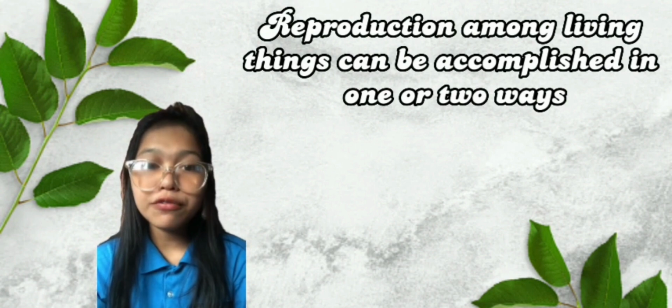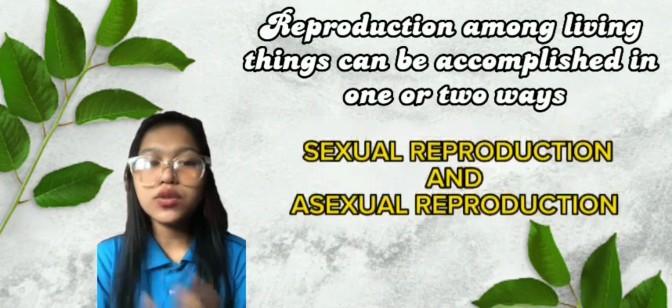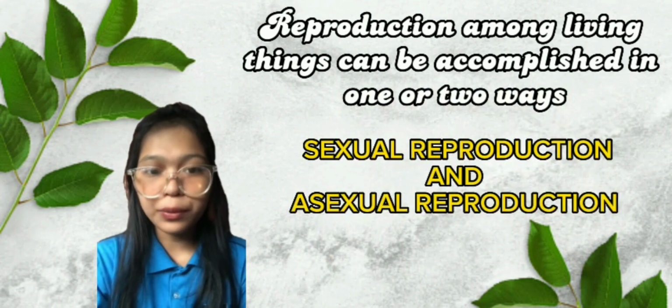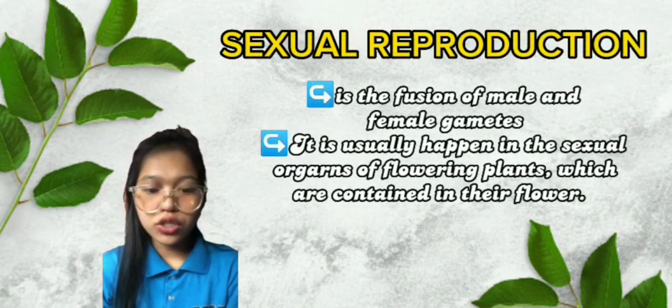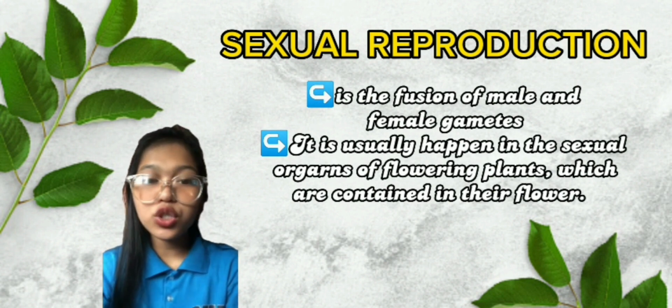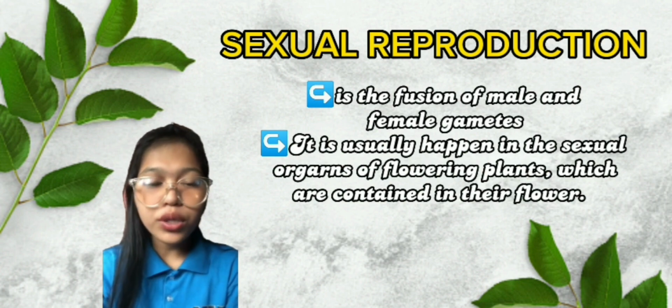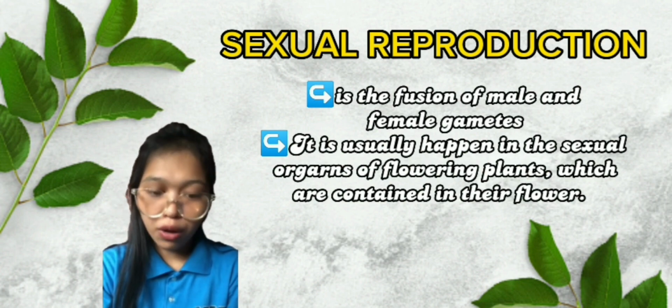Reproduction among living things can be accomplished in one of two ways: sexual reproduction and asexual reproduction. Sexual reproduction is the fusion of male and female gametes. It usually happens in the sexual organs of flowering plants, which are contained in their flowers.